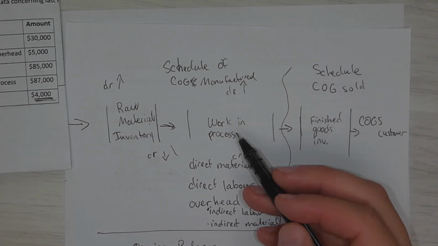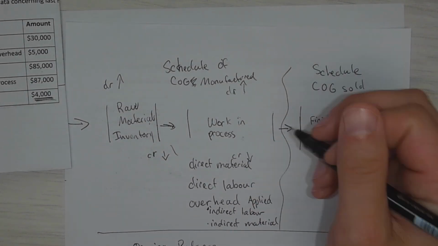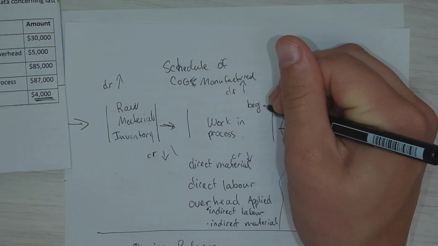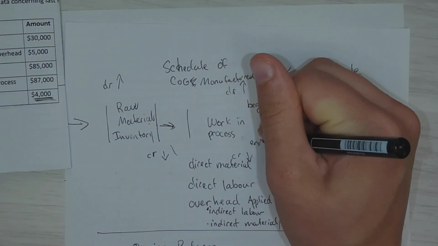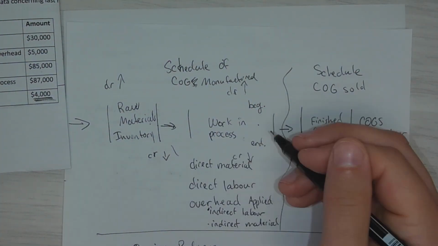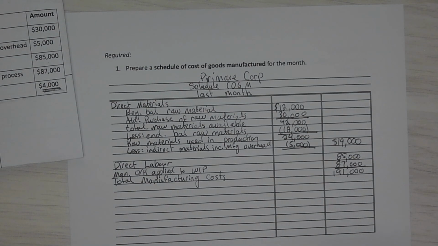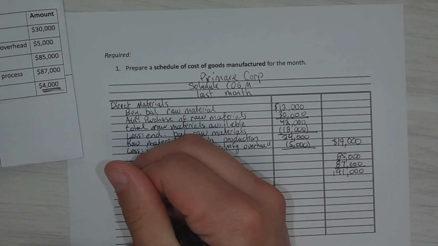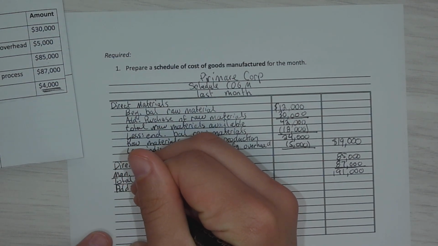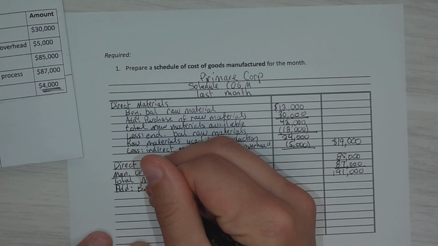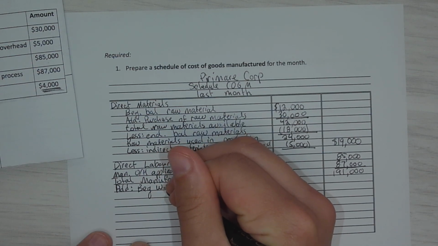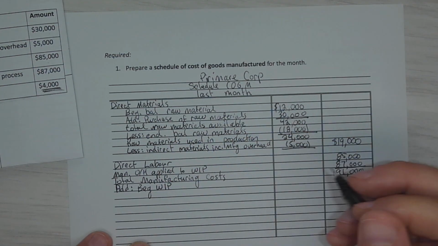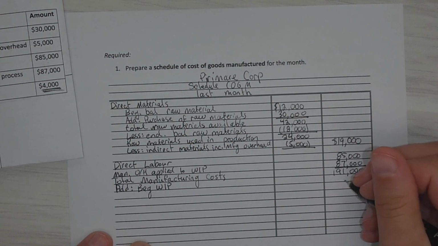This is the work that we did in this period. But in this work in process, we had a beginning balance to start and an ending balance to end. So we need to add our beginning balance that we go into the period with, our beginning balance of work in process, which was 6,000.